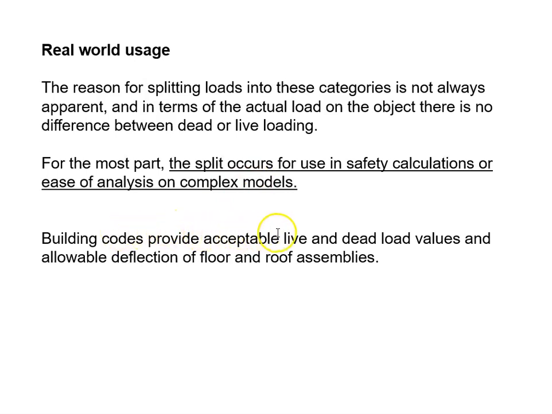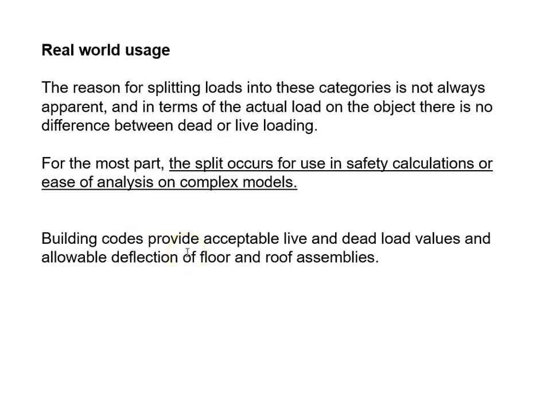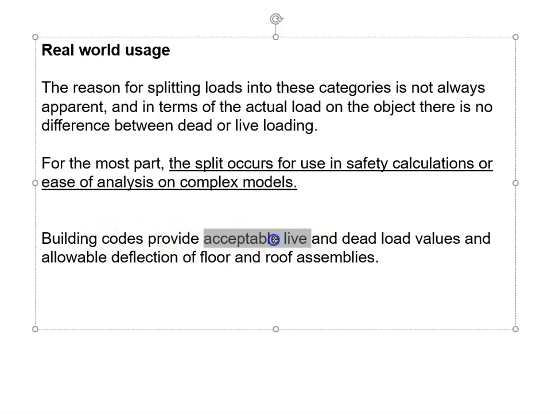Building codes provide acceptable live and dead load values and allowable deflection of floor and roof materials. So again, based on where this building is located, what's going on inside this building, how big this building is, all of that information is fed into the building codes, and then the building codes will tell us these floors could only support so much load.